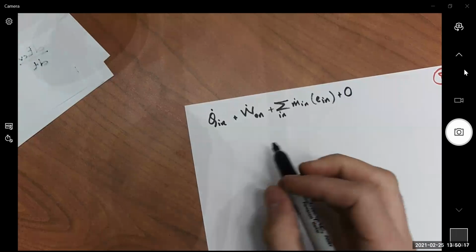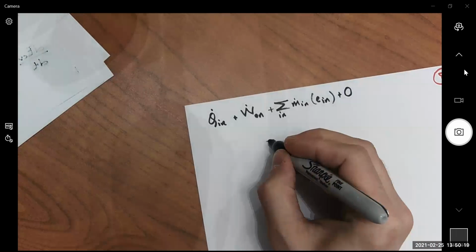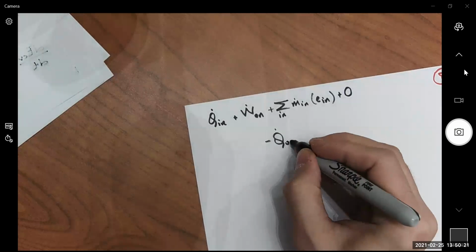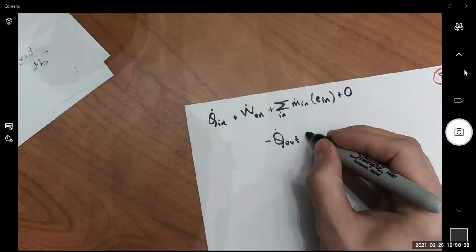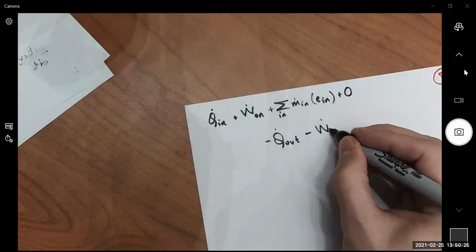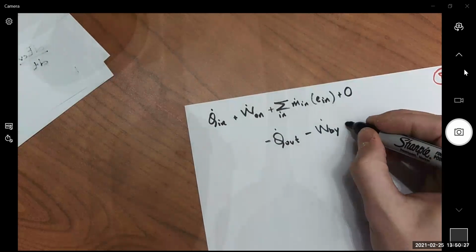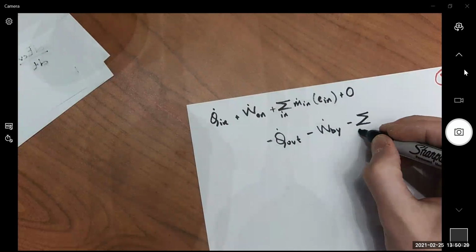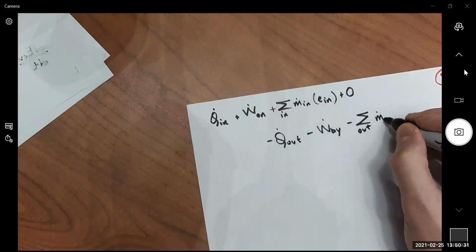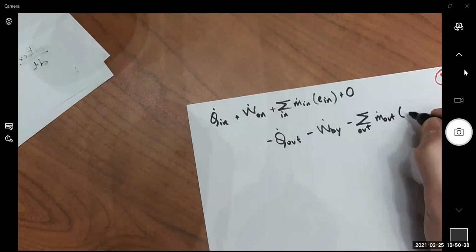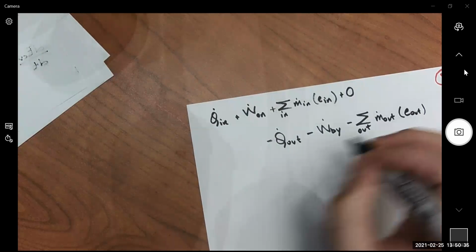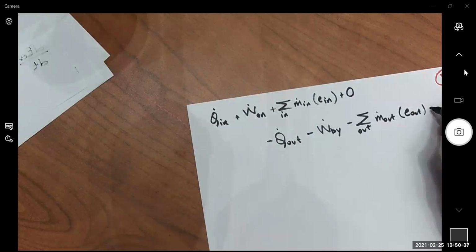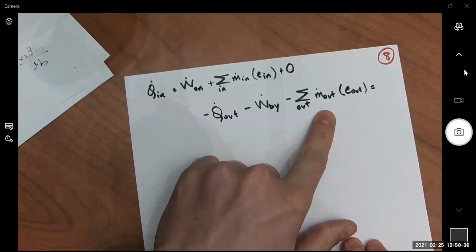Minus Q out minus work by minus summation of work out through mass.